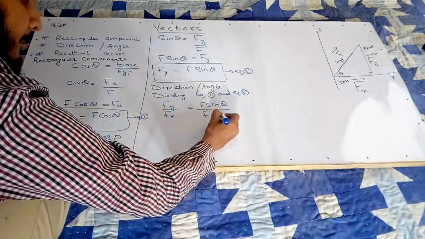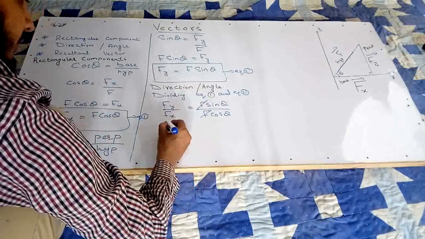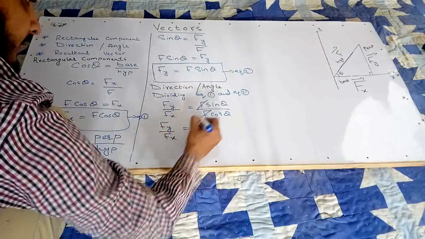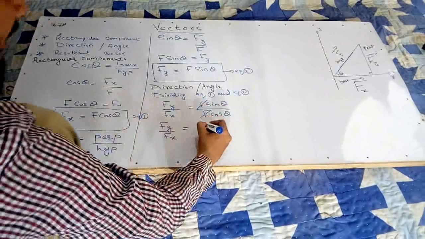So cancel F and F, and sin theta upon cos theta is our new trigonometric ratio called tan theta.